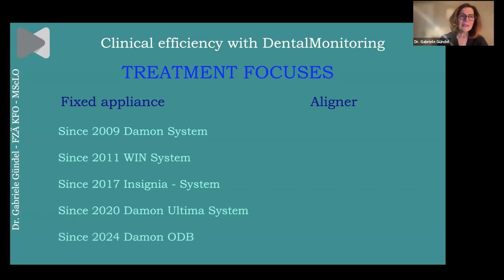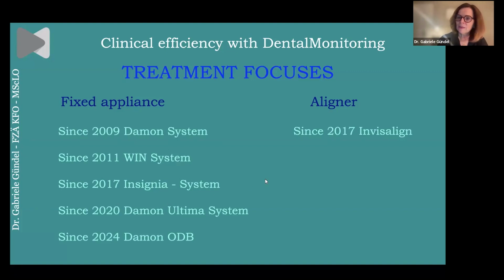And now since 2 or 3 months, I'm really lucky that I'm one of the practices in Germany who can start with the Damon ODB system. This is not our topic for today, but just to give a feeling of the development of the appliances I'm using in our offices.